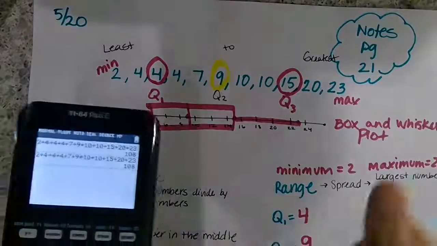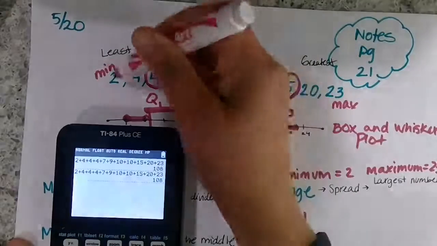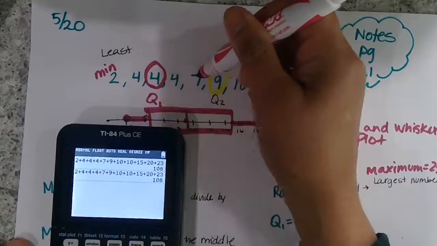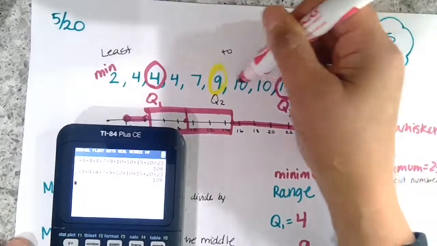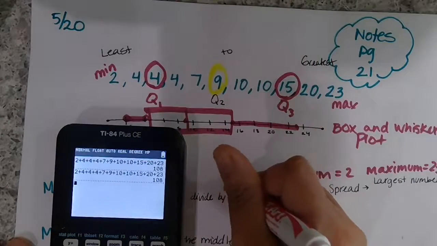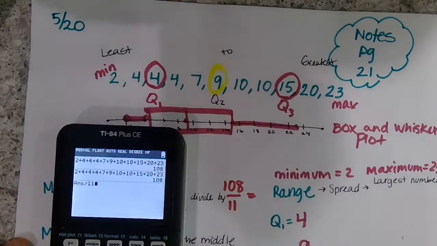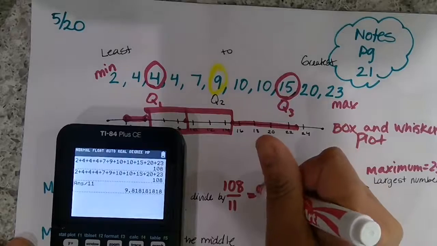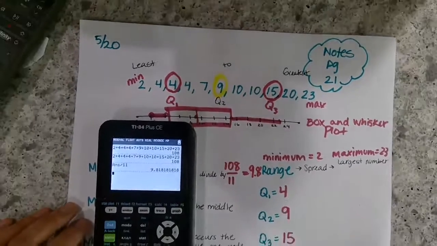So the mean is 108 divided by however many numbers you have. 1, 2, 3, 4, 5, 6, 7, 8, 9, 10, 11. Good. So your answer is 108 divided by 11. 9.81. So about 9.8. So your average is 9.8.